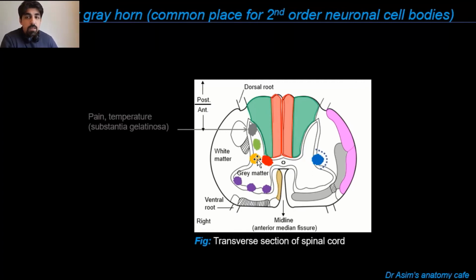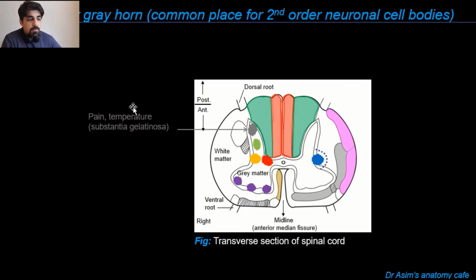Now that we know about the location of the first order neuron and its cell body inside the dorsal root ganglion, let's see how the first order neurons of various sensory pathways bring in the sensory information and which nuclei they are going to pass on this sensory information to. For instance, let's take the example of the sensory information of pain and temperature.